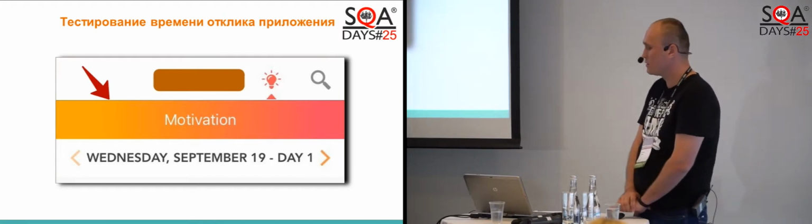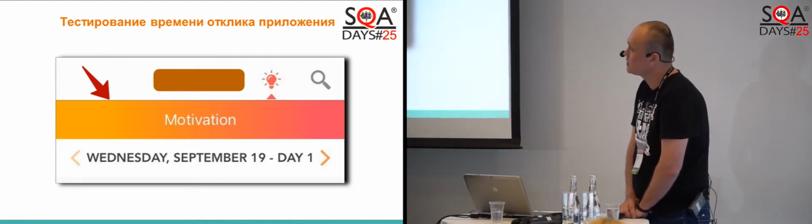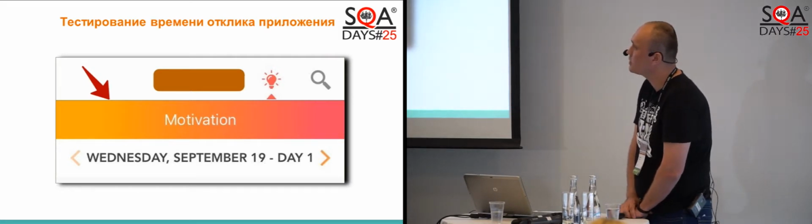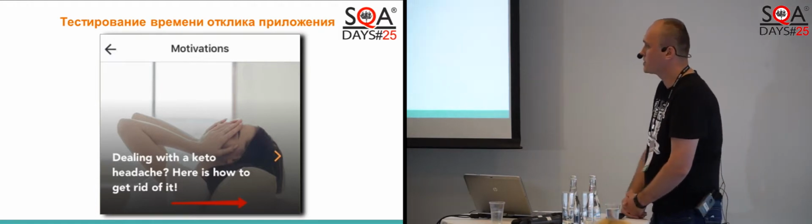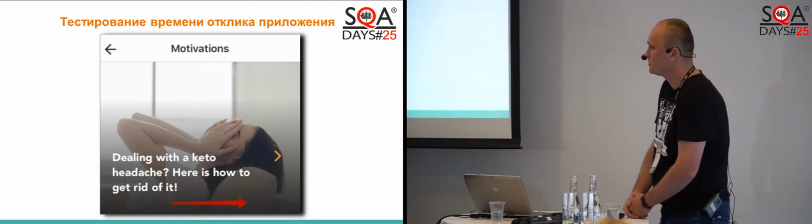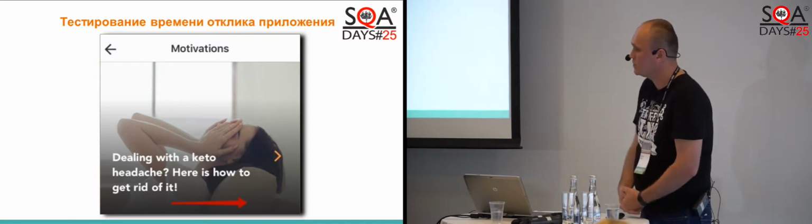So another example from practice: we have an application which is actively used and it has a motivations feature. It's a list of motivational posts.